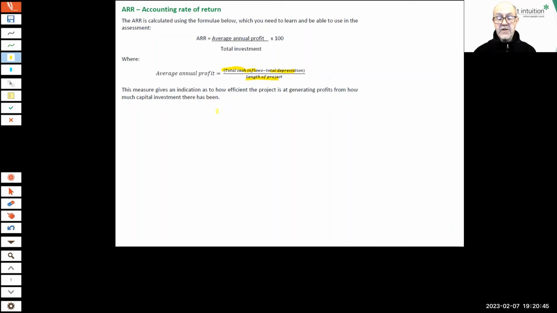And this gives an indication of how efficient the project is generating profits from how much capital investment. Total investment generally is often the average amount invested. So watch out for an example where the amount of investment varies. And don't forget the depreciation. That is the bit that is easily forgotten.